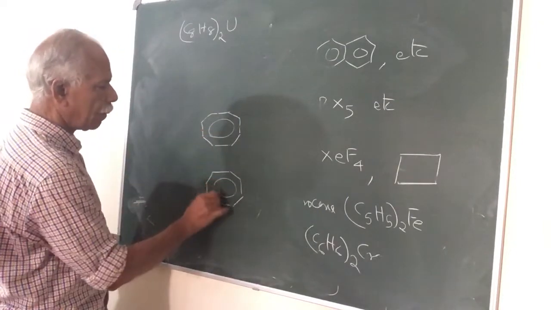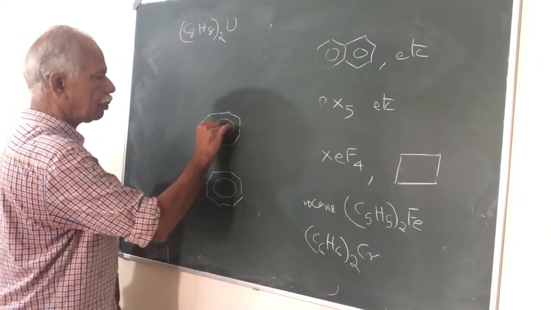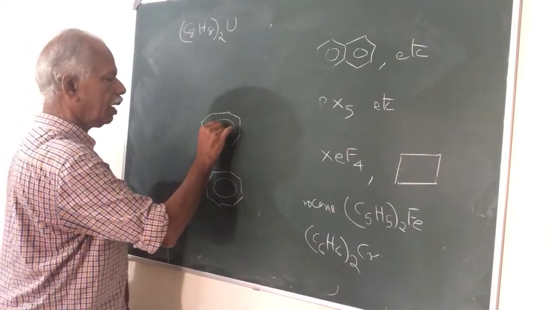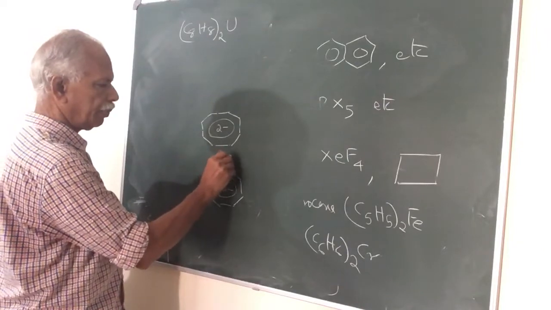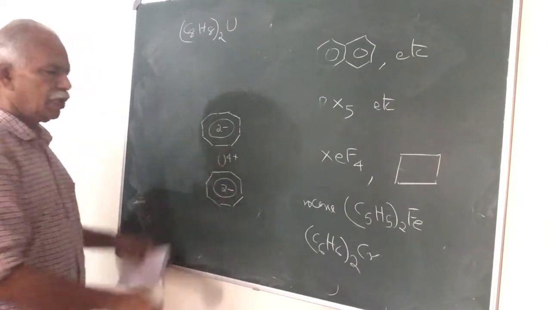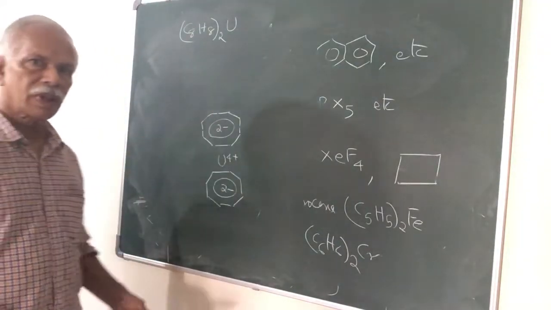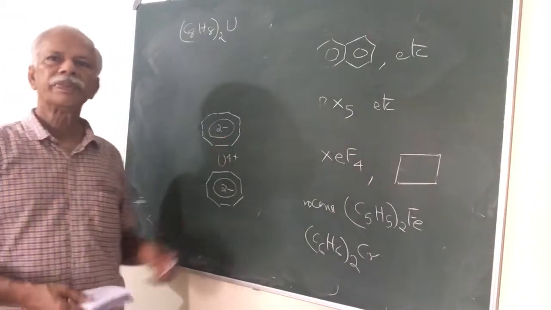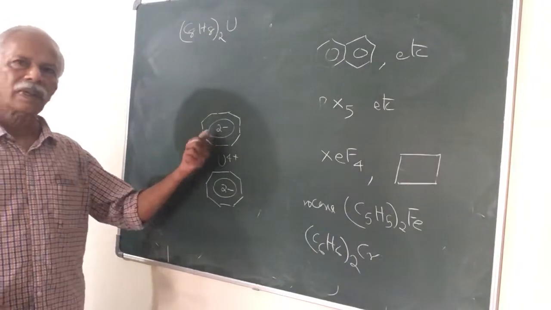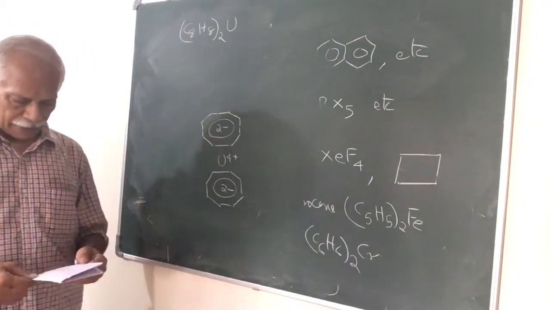This is cyclooctatetraenyl dianion, two negative charges, uranium positive. It is sandwiched between these two eclipsed octagonal rings with a total 10 electrons. This will be aromatic.